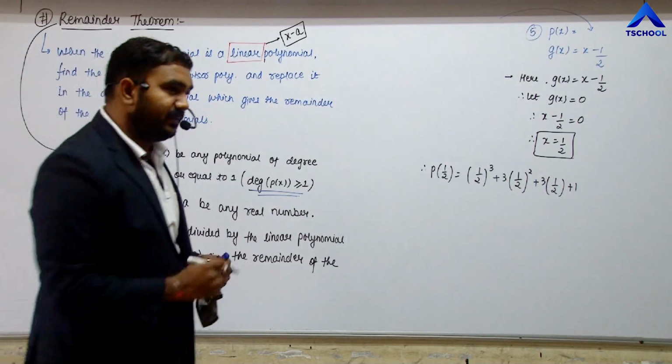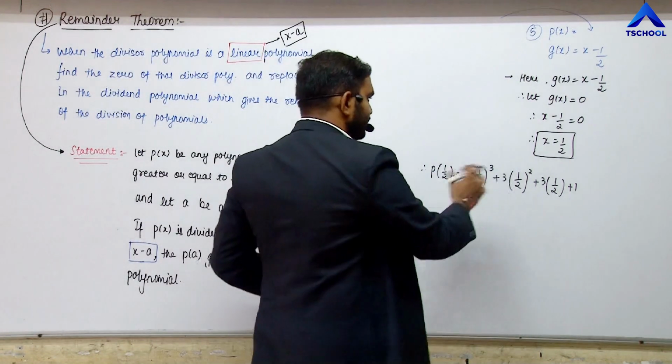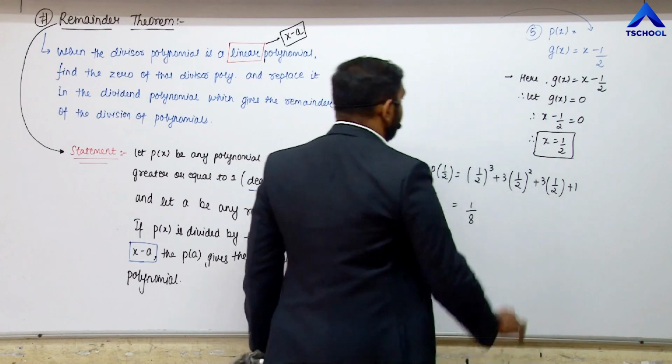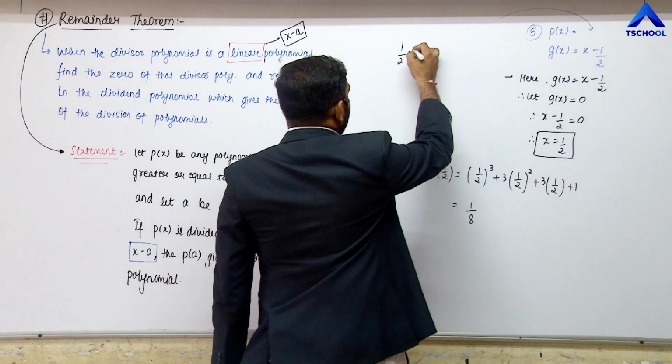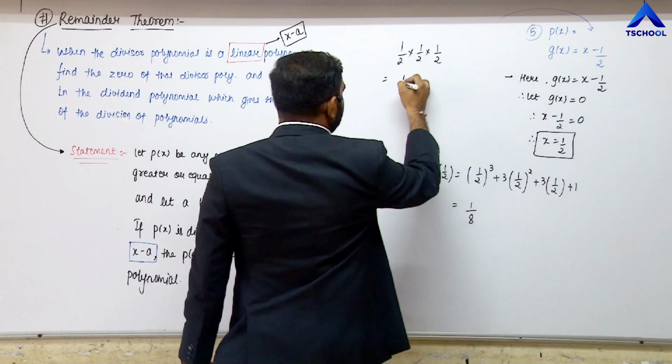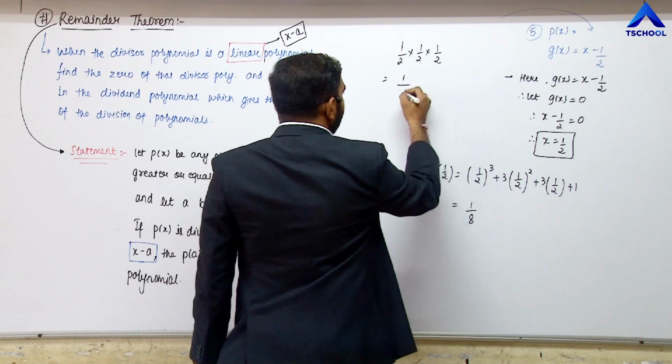So I have replaced the values here, that is x by 1 by 2. So that is 1 upon 2 cube, which equals 1 upon 8. 1 upon 2 cube simply means 1 by 2 into 1 by 2 into 1 by 2. So that is 1 into 1 into 1, that is 1. 2 into 2, 4. 4 into 2, 8.